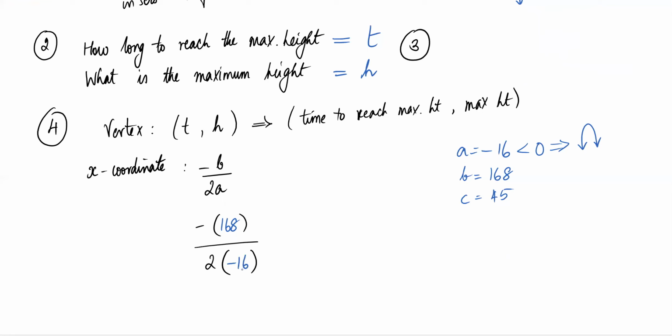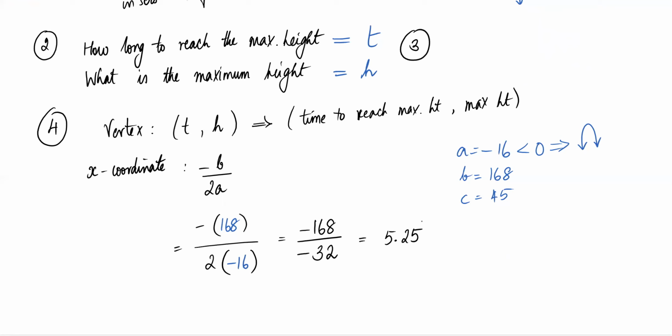So these are bigger numbers, so you want to use your calculator. That is negative 168 over negative 32, right? Negative 2 times negative 16. And you know that the two negatives will make a positive. So that will come out as 5.25.